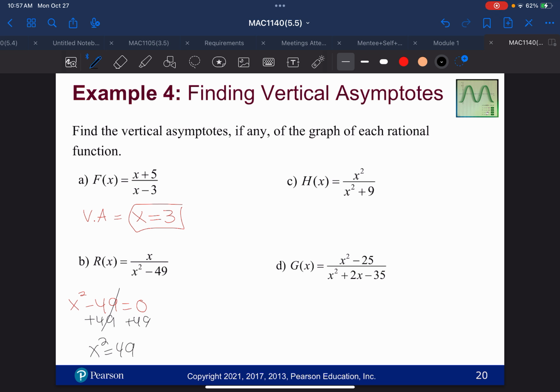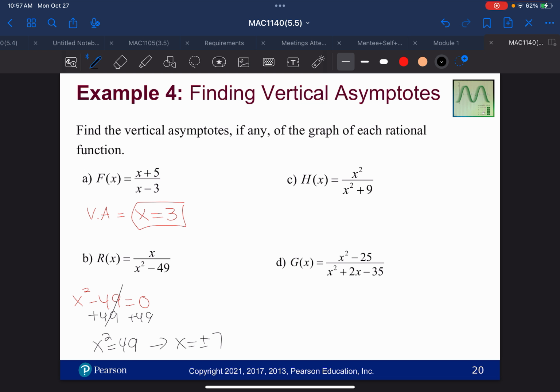And so x will equal plus or minus 7. So I have two vertical asymptotes in this case: x is equal to 7 and x is equal to negative 7. That will give me two vertical asymptotes because my graph will never be able to touch at the x value of 7 or negative 7.